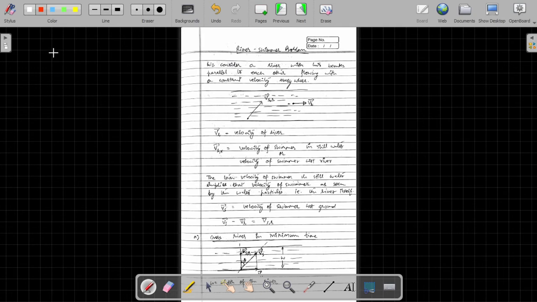To find relative velocity, we subtract the velocity of the frame of reference from the thing which is being observed. Like in the last case of the rain-man problem, we were supposed to observe the rain, so we subtracted the velocity of the man from the velocity of the rain.